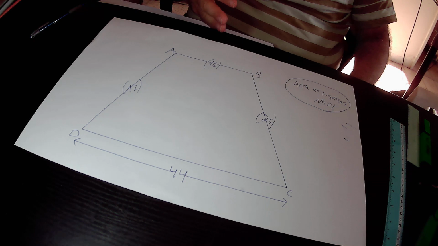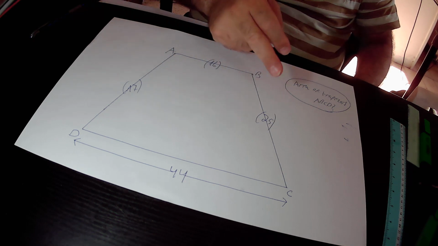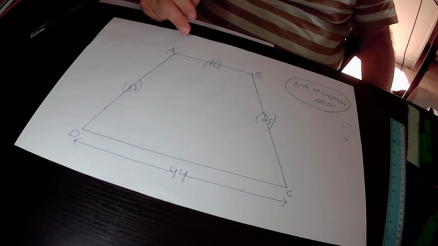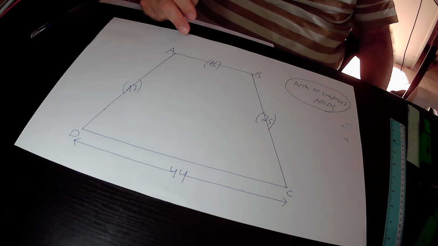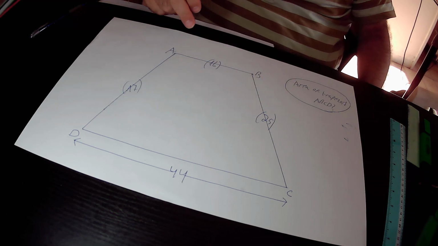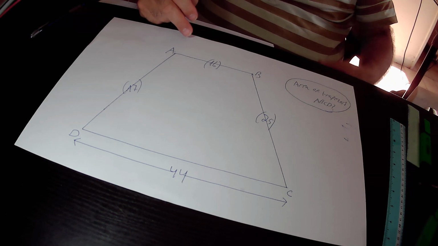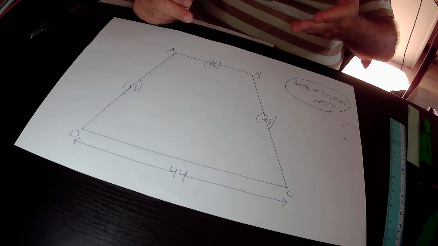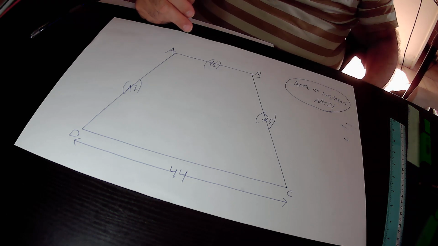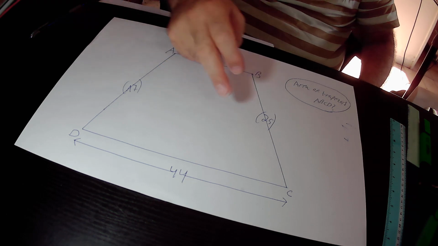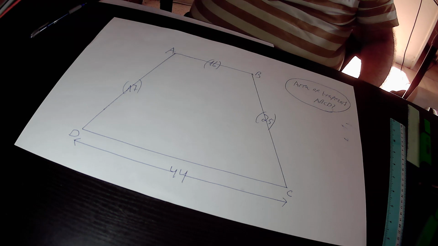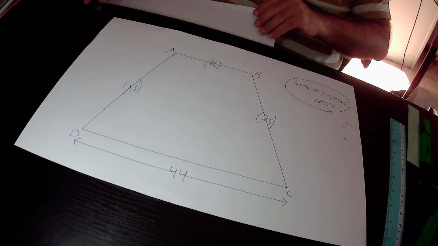The two parallel bases are AB and DC. So the sum of the two parallel bases is AB plus DC times the height. We define the height as h divided by 2. So in total, the area of this trapezoid ABCD is equal to (AB plus DC) times h over 2.